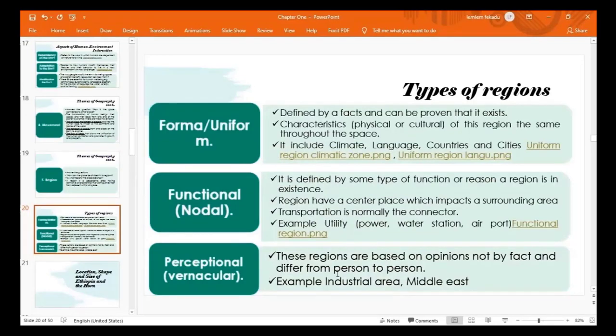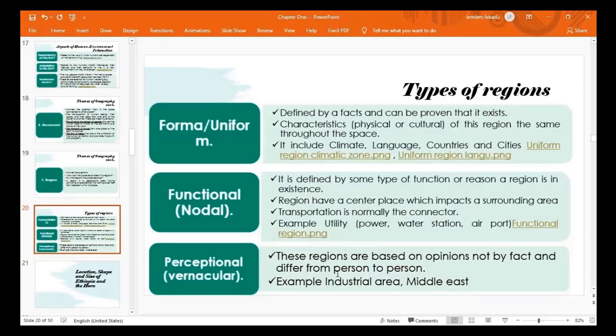The third is perceptual. This perceptual region is defined based on opinions, not by facts, and differs from person to person. Examples of perceptual or vernacular regions are the industrial region and the Middle East.